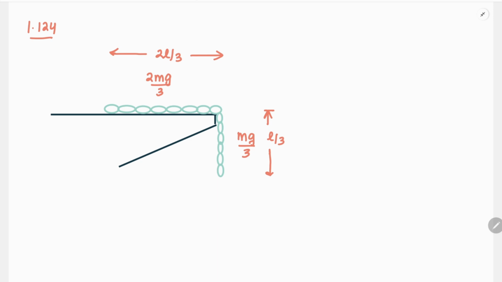So now the first thing that we do is calculate the average value of the coefficient of friction. The problem states that when 1/3 of the chain is hanging, the chain starts sliding off the table.